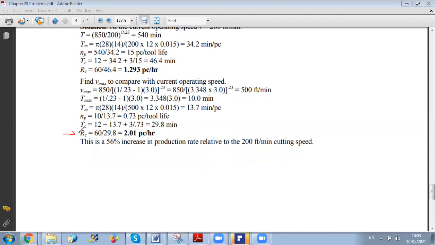So we can get then the total time required for the production of one piece, and from here calculate the rate of production. The maximum rate of production is equal to 60 over 29.8, 60 because we convert from minute to hour. So this is the number of pieces we can produce per hour.